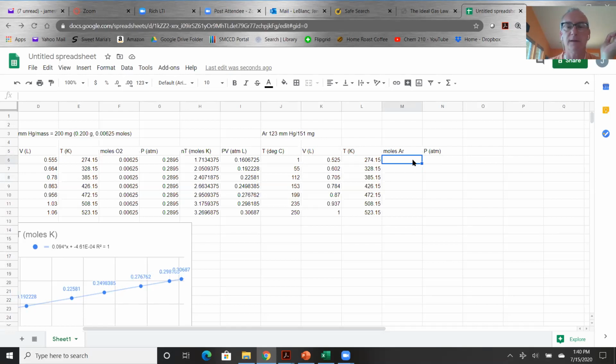I have 151 milligrams. How many grams is that? How many moles is that? Someone's got to have a periodic table in front of them. Good Lord. This is bad, people. I'm reaching for my own periodic table. Come on. Don't make me do this.